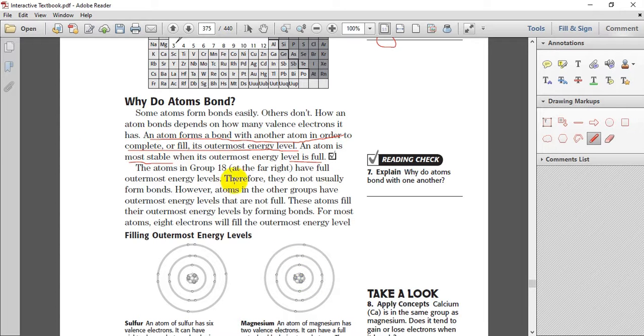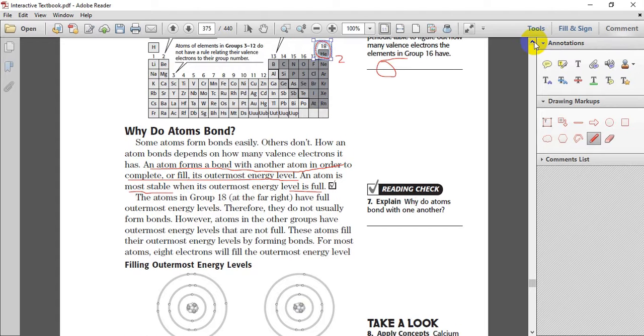The atoms in group 18, if you remember, we call this group the noble gases, have a full outermost energy level. It is already completed with 8 electrons, except helium, which has 2 electrons and is also full because the first energy level carries only 2. So this group is already stable.